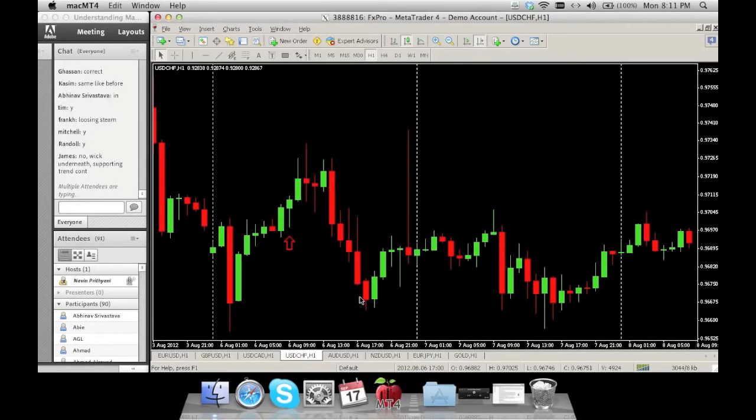We have a lot of votes: no wick underneath, supporting trend continuation. Remember, just focus on only a few things. Is there a trend? Yes. Second question. Is it bigger than the previous candle? If you have to think twice about it, don't trade it.